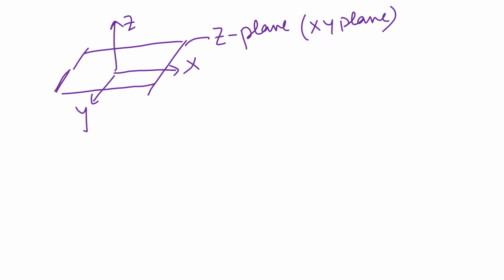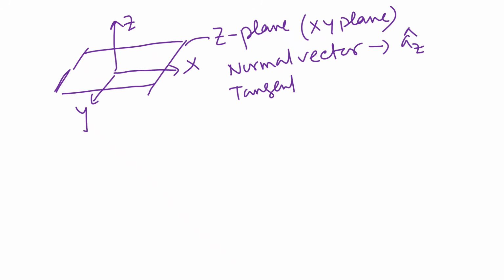If my surface is oriented in the xy plane or z-plane, in that case the normal vector will be my az vector. So tangential will be my xy plane, or ax vector, ay vector.